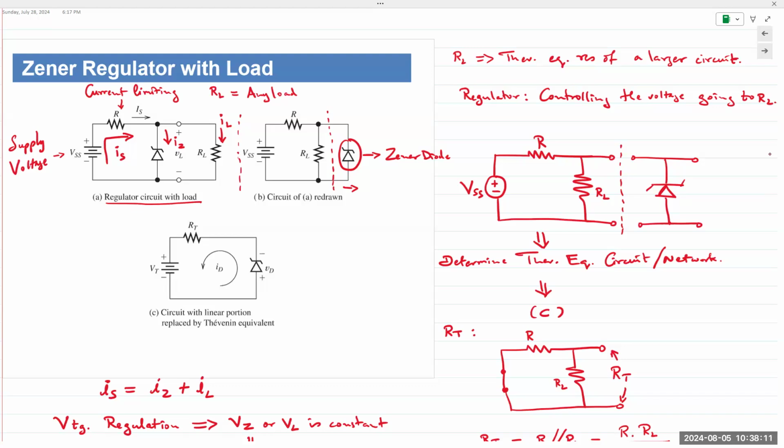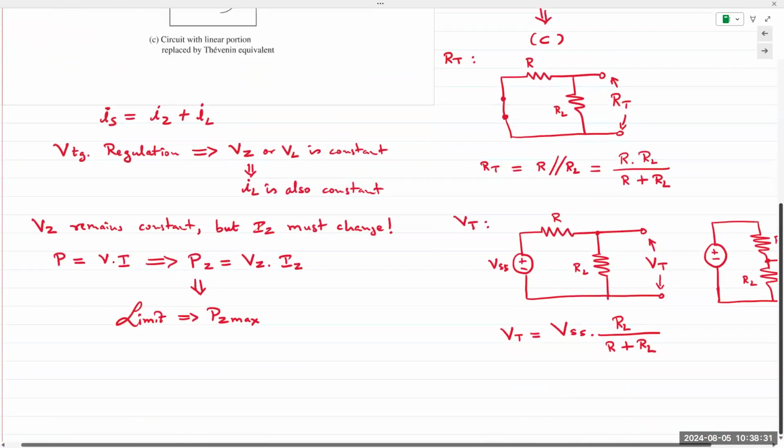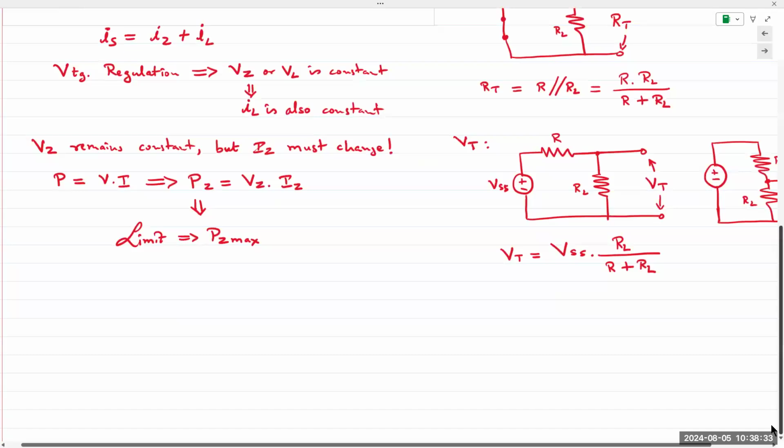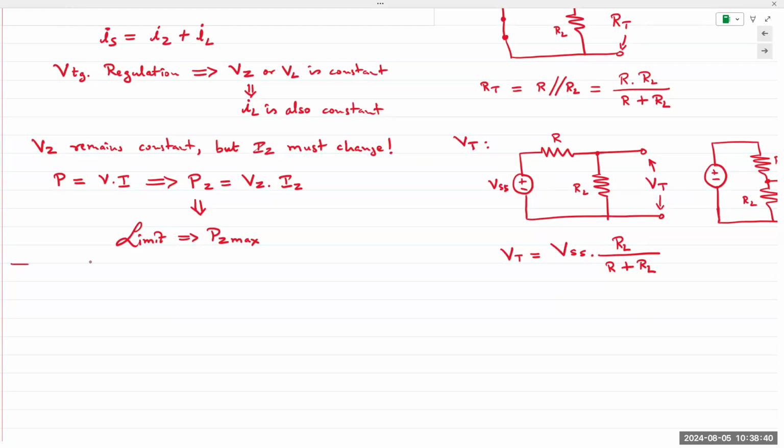So if it goes through the Zener diode, the heat energy is being transferred, which creates a lot of heat. That Zener diode has to be manufactured to handle and dissipate all of that thermal energy. And that's where the maximum power rating for a Zener diode comes from. And that is the crucial factor in designing or in analyzing regulator circuits. Okay, that's the recap. So now let's look at the problem.